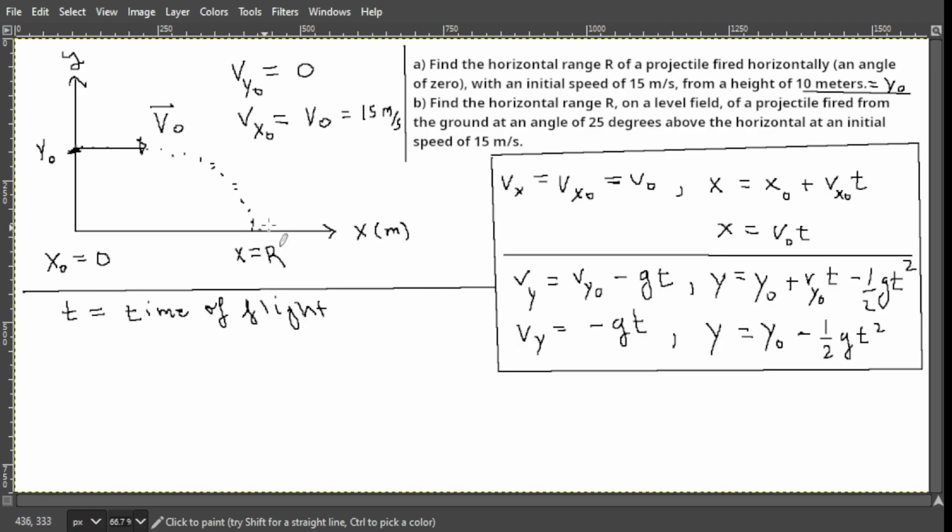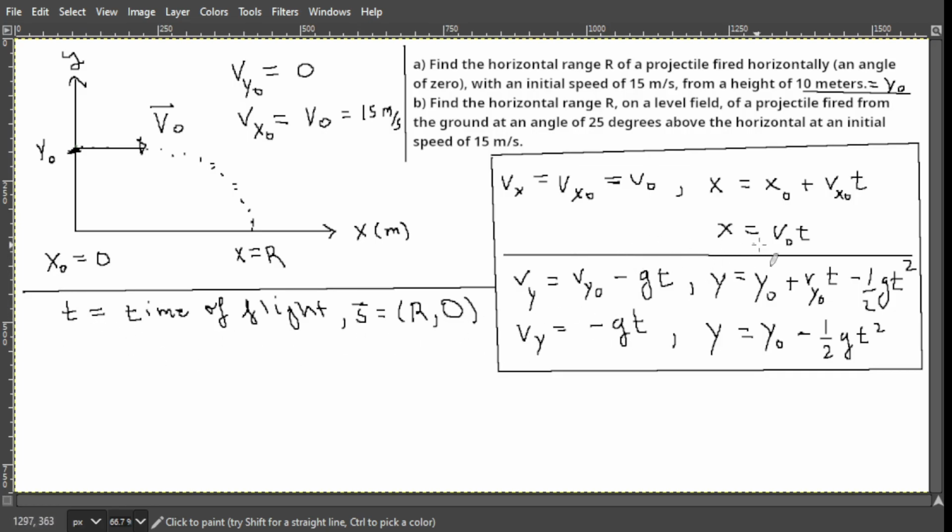After that, these equations no longer describe the motion. For all times after that, what is going to be the position of our object? It's going to have an x position equal to the range. It'll just sit there where it smacked down, and its height will be 0 because it touched down on the ground. So the x position will be the range, and the y position will be 0.